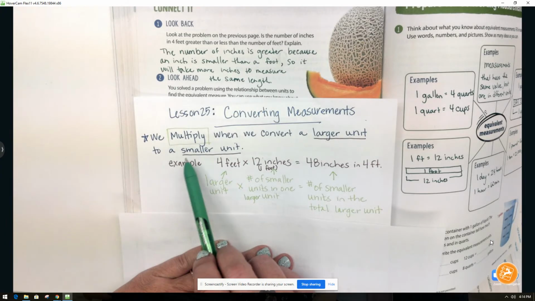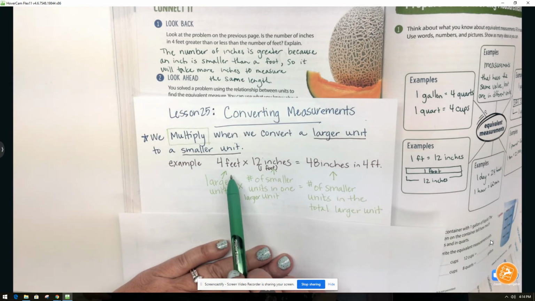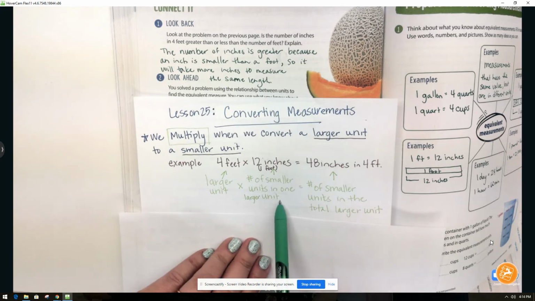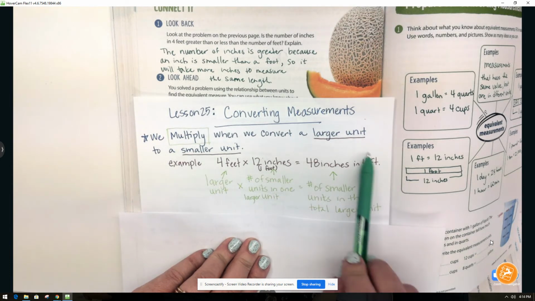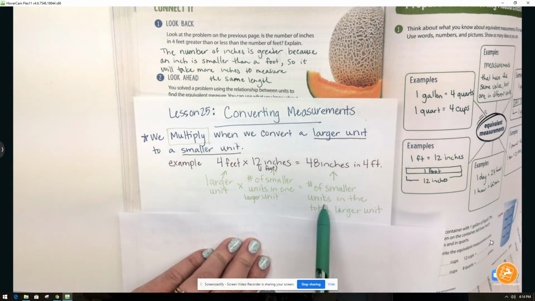So anytime we are trying to convert a larger unit to a smaller unit, we're going to take the larger unit and multiply it by the number of smaller units in one larger unit. So we know that there are 12 inches in 1 foot. And then the final resulting answer will be the number of smaller units in the total larger unit.